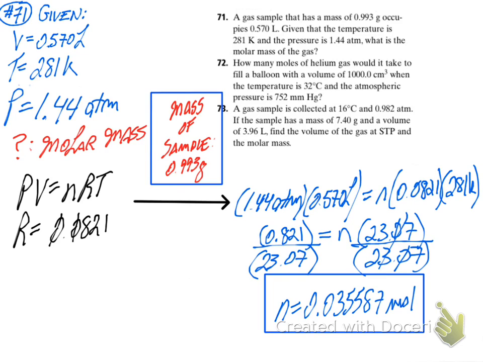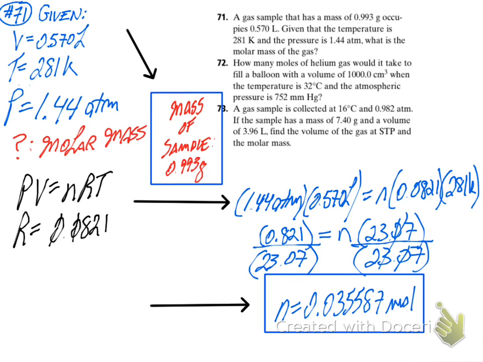Now I've got both the mass of this particular sample and the number of moles of this particular sample. The mass of the sample in red is 0.993 grams. The number of moles of the sample, and I'm stressing the word sample, is 0.035587 moles.